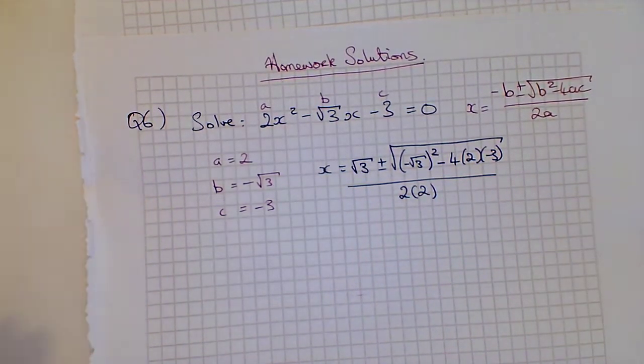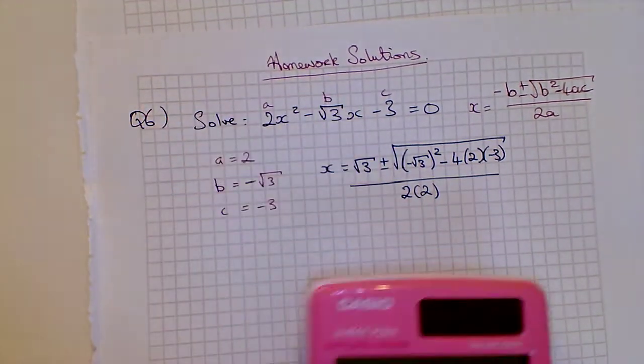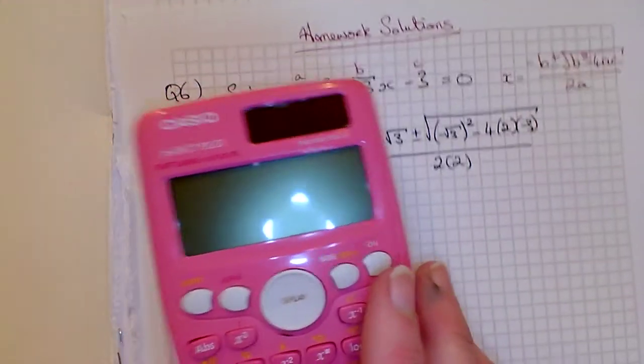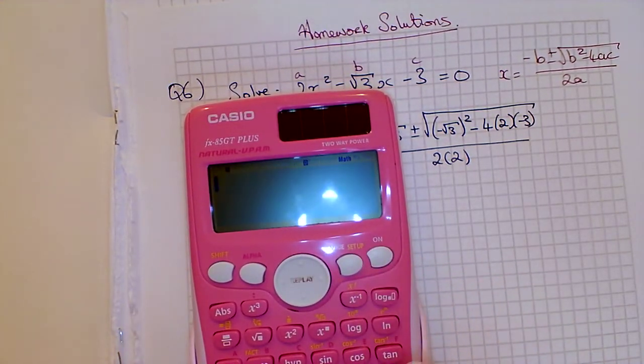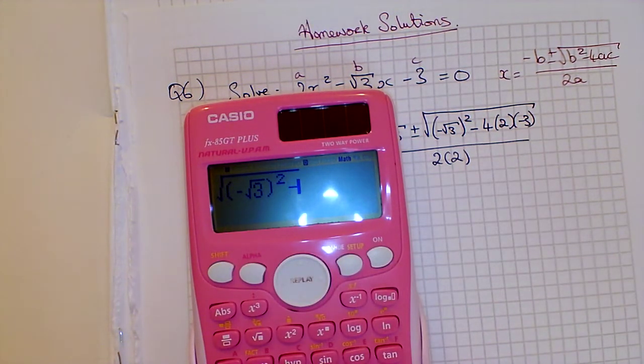So again, as we usually do, we're going to put the square root of the discriminant into our calculator. So we'll get the square root bracket minus root 3. If you know how these work, you can actually skip some of these steps, or just write down 3 here or type in 3 here.